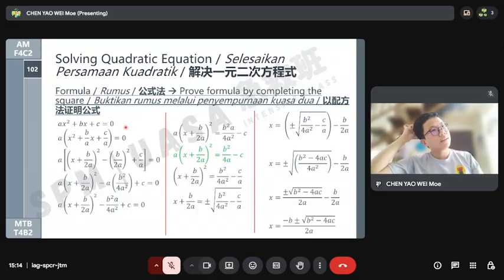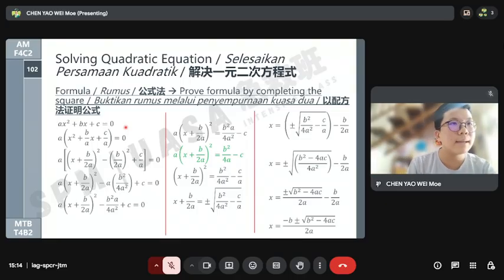And the second step, you need to make the first coefficient, the a, become 1, so you divide with a, you factor out the a, and it becomes like this. Next, I can make this one become like this. Here is plus, here is minus, right?